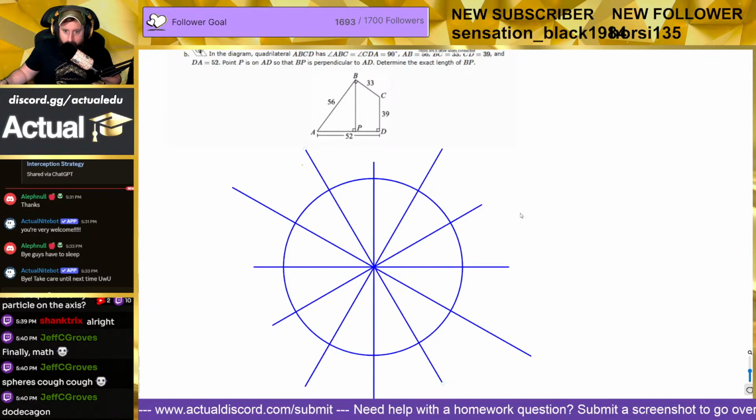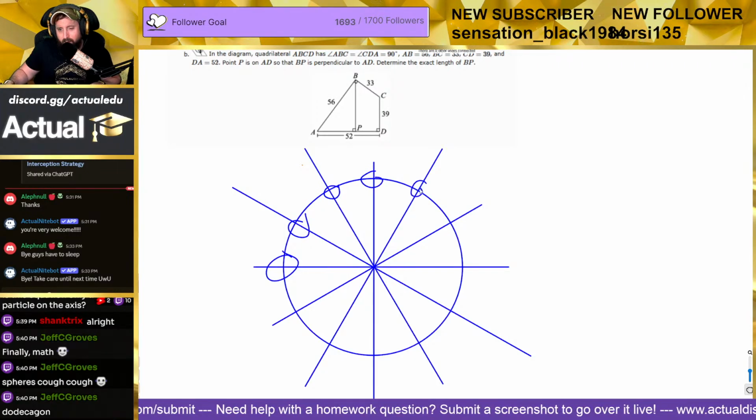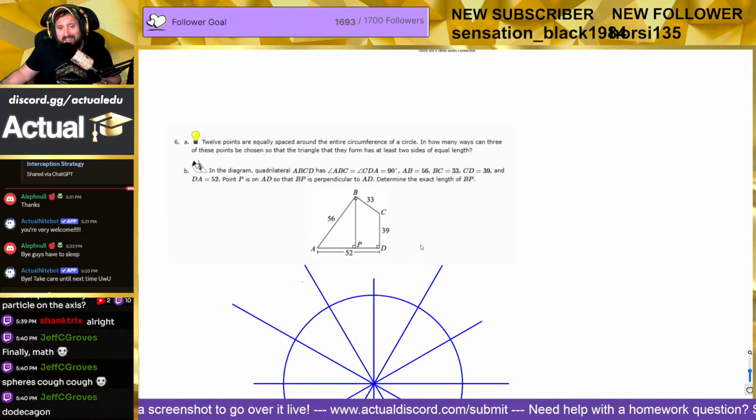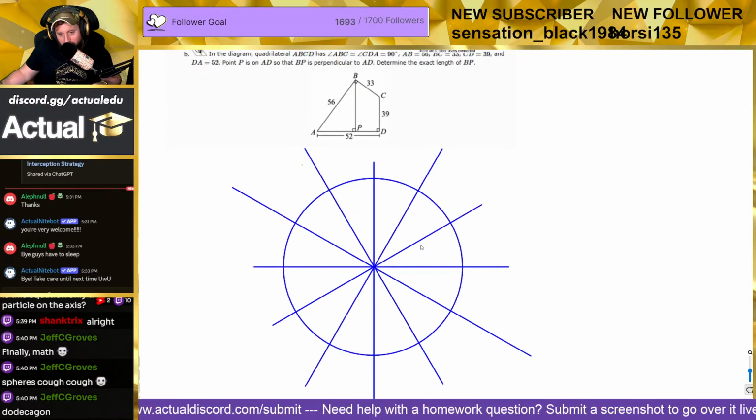Right? So that's having, 1, 2, 3, 4, 5, 6, 7, 8, 9, 10, 11, 12. Good job. Okay, cool. And then you're going to pick 3 points so that the triangle has at least 2 sides of equal length.